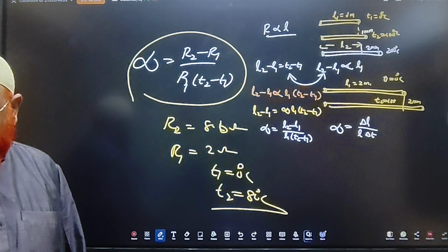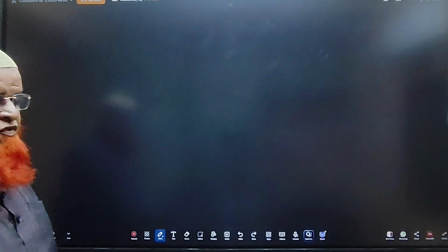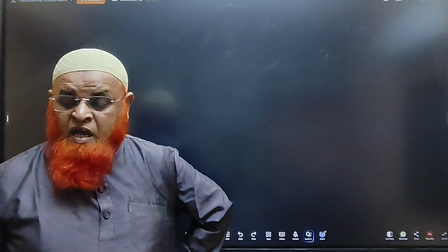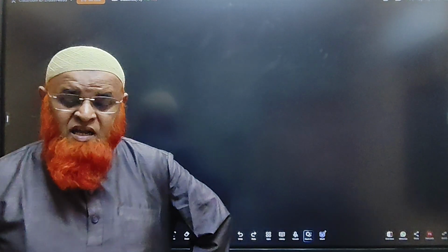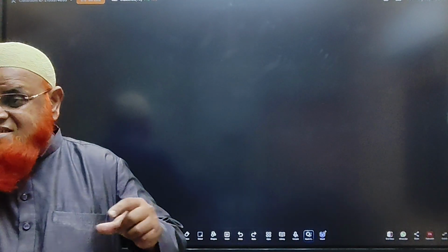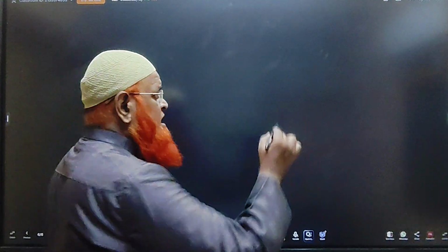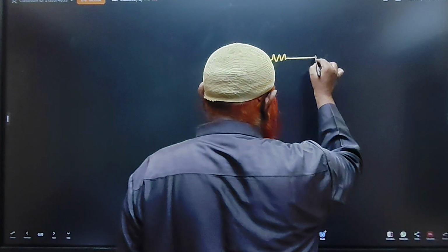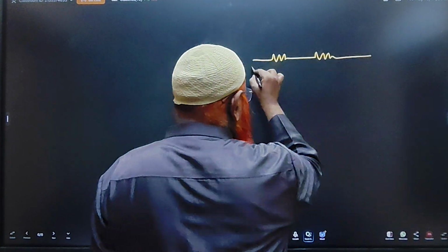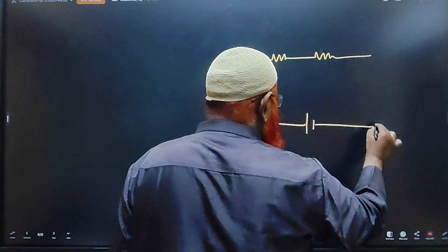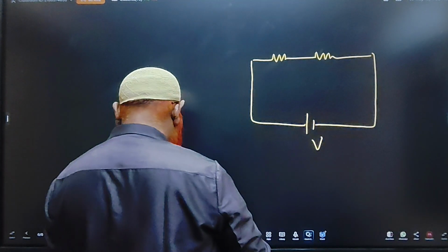Hope you understand what I am saying. If you understand this, then let us understand what happens in resistance in series and resistance in parallel. Resistance in series: see, I have taken one resistance and another resistance, both connected in series, and this is the potential difference.